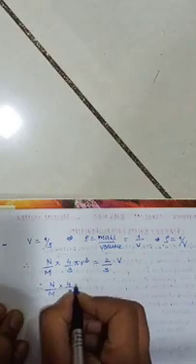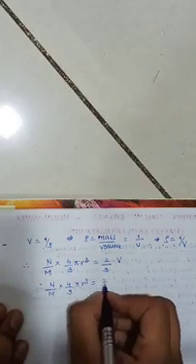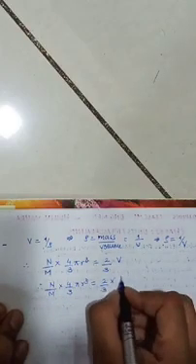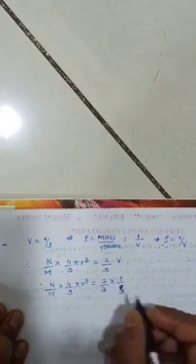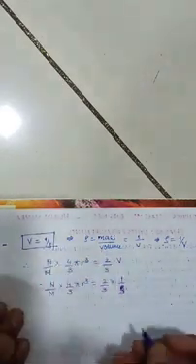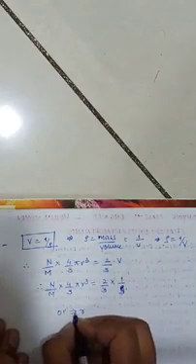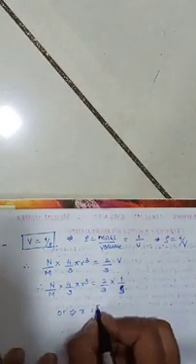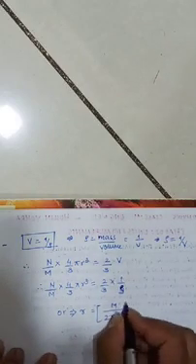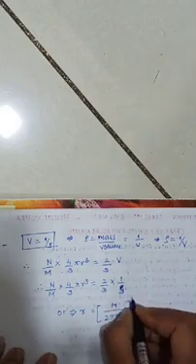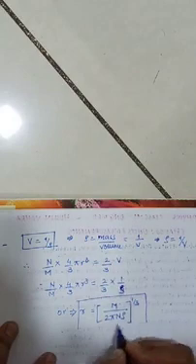So I can write N by M into bracket 4 by 3 pi r cube is equal to 2/3 volume. Instead of volume I can substitute 1 by rho. So from this I can get the equation for R, that is R is equal to M divided by 2 pi N rho, whole cube root. This is how I can calculate the radius of what? Atom.